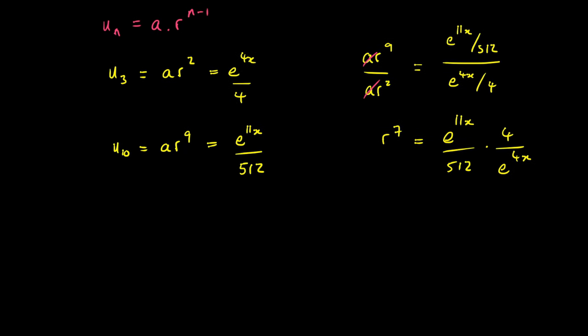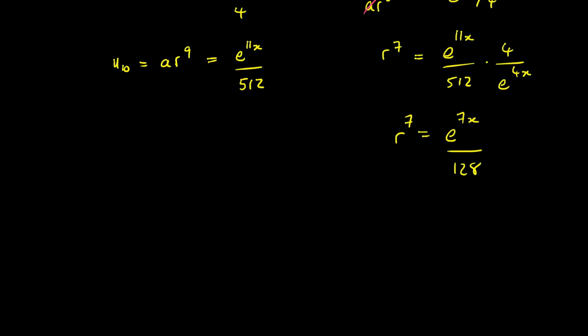Now, e to the 11x divided by e to the 4x, we subtract the powers, so we get e to the 11x minus 4x, which is e to the 7x. And then we can divide top and bottom by 4, so 512 divided by 4 gives us 128. So r to the power 7 is equal to e to the 7x over 128.